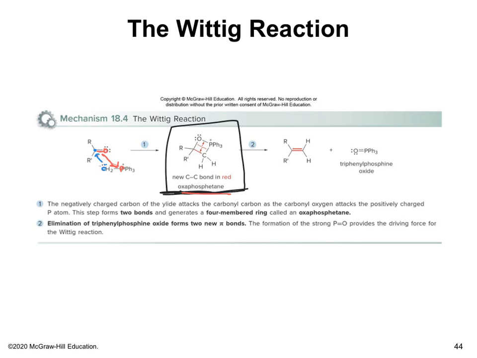So this carbon-oxygen bond is going to go here to make the phosphorus-oxygen bond, and then the phosphorus-carbon bond is going to collapse to make the double bond of the alkene.